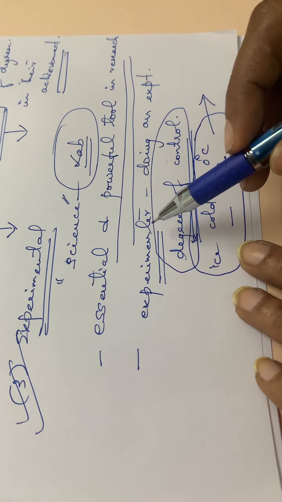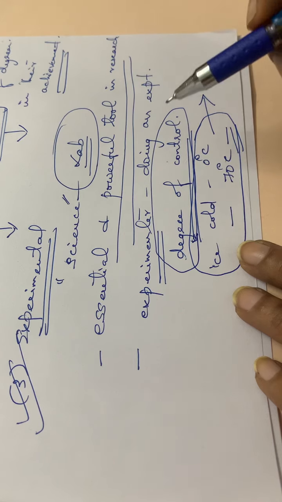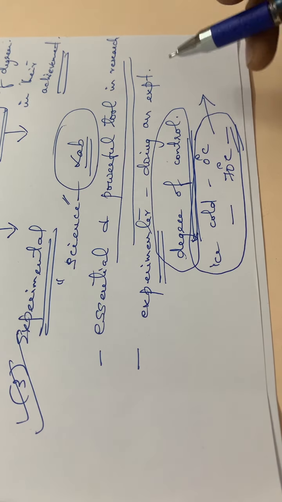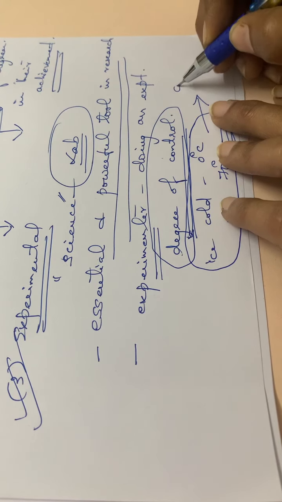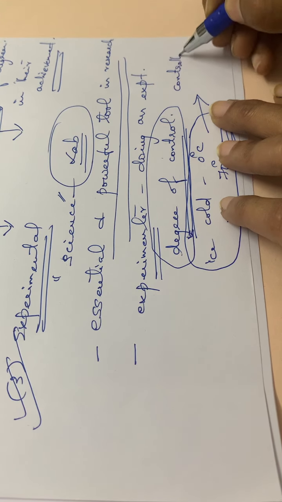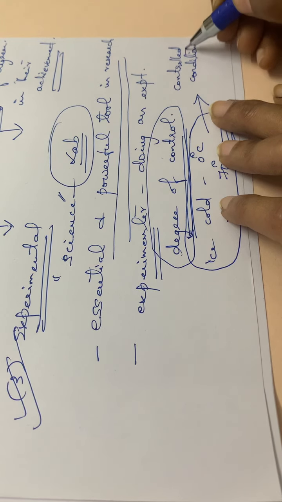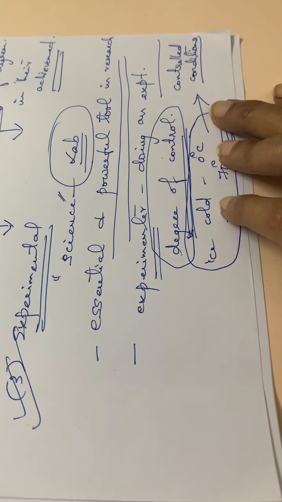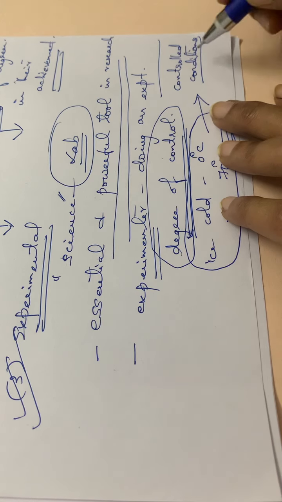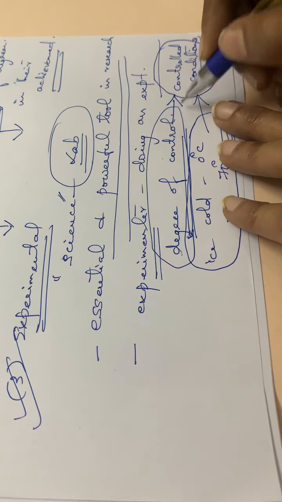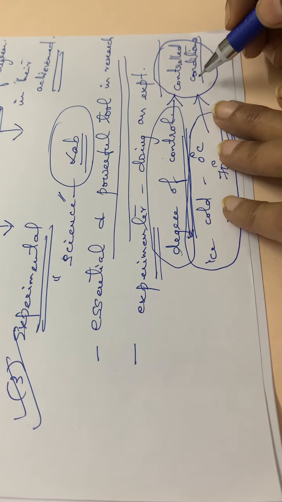So an experimentation process is done under controlled conditions. The experiment is being done under controlled conditions.